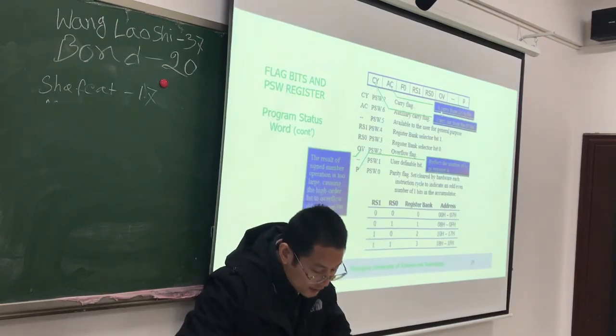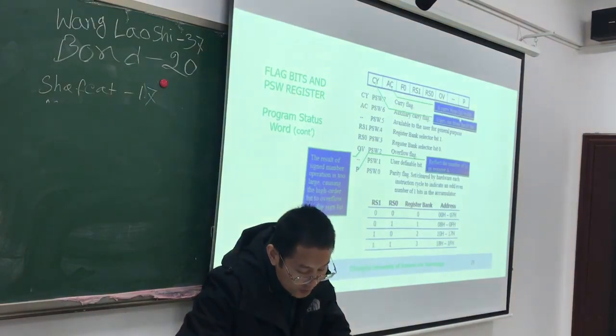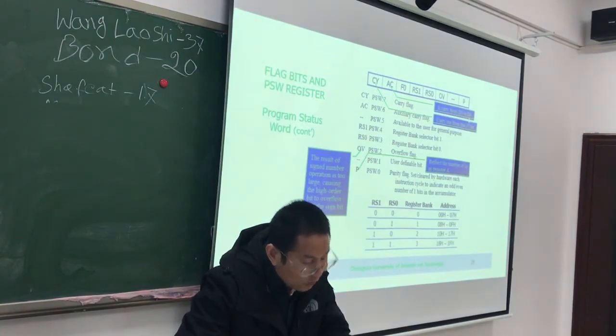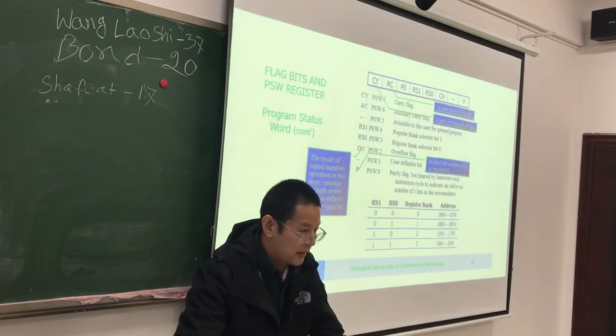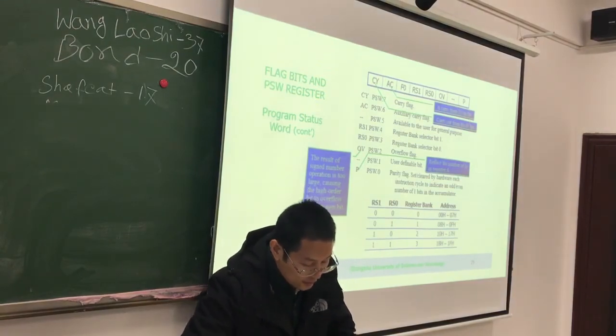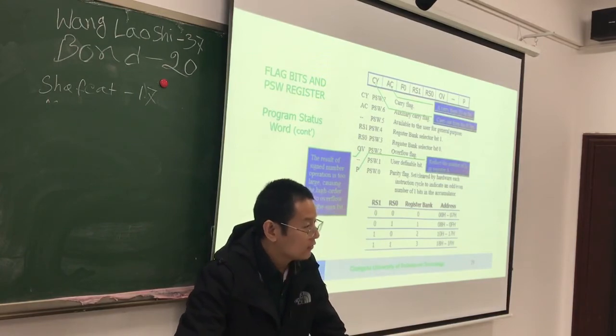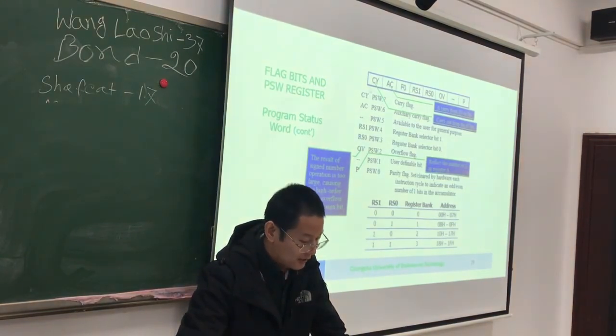CY is a carry from D3 to D4. When you execute the instruction, if there is a carry from D3 to D4, the flag will be set.